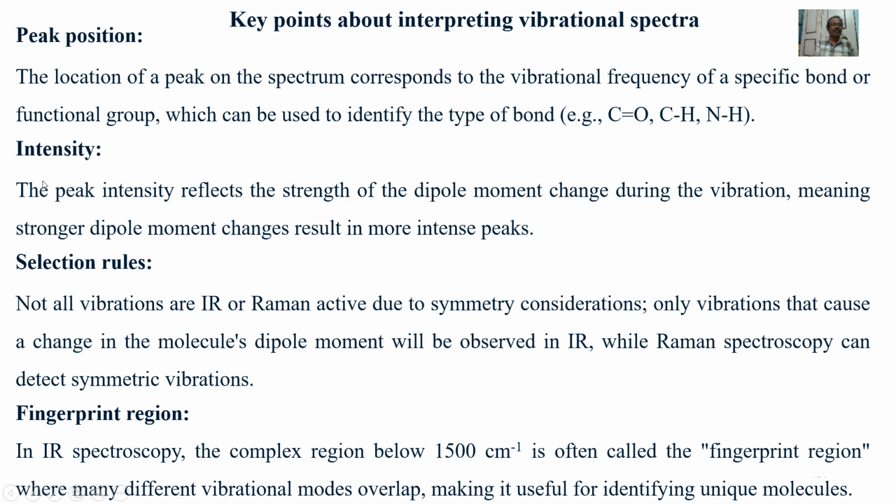Intensity: the peak intensity reflects the strength of the dipole moment change during the vibration, meaning stronger dipole moment changes result in more intense peaks. Selection rules: not all vibrations are IR or Raman active. Due to symmetry considerations, only vibrations that cause a change in the molecule's dipole moment will be observed in IR, while Raman spectroscopy detects symmetric vibrations.